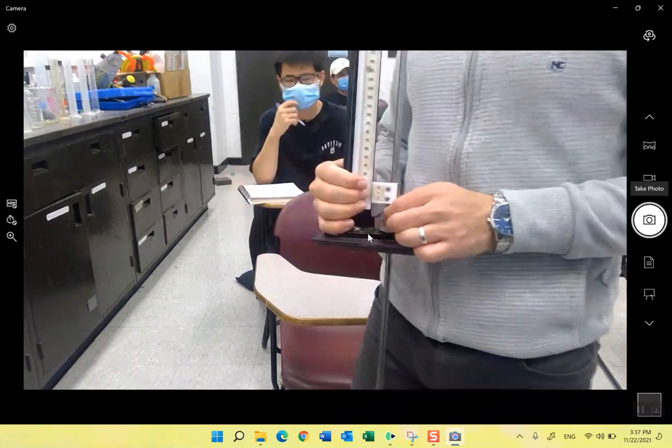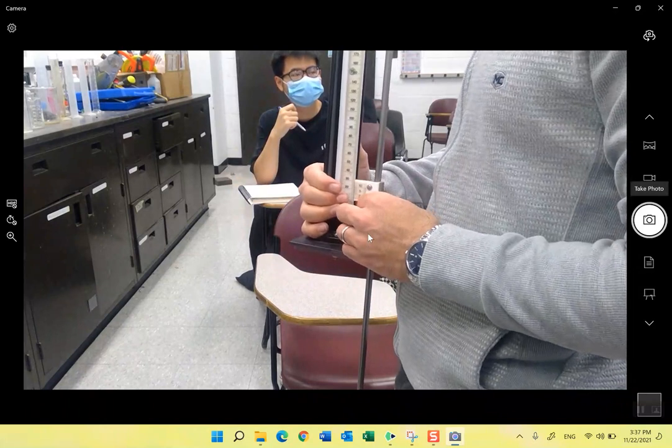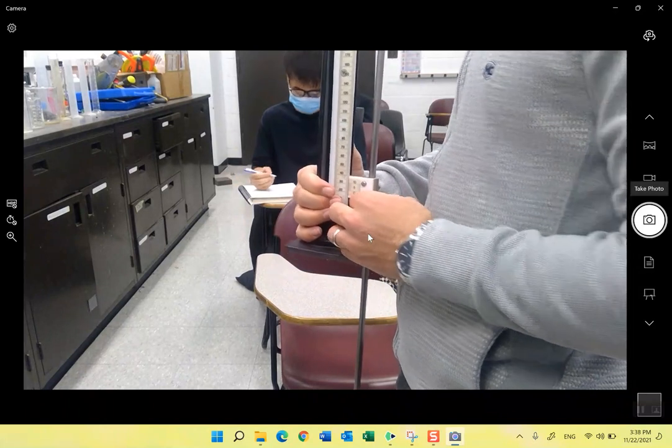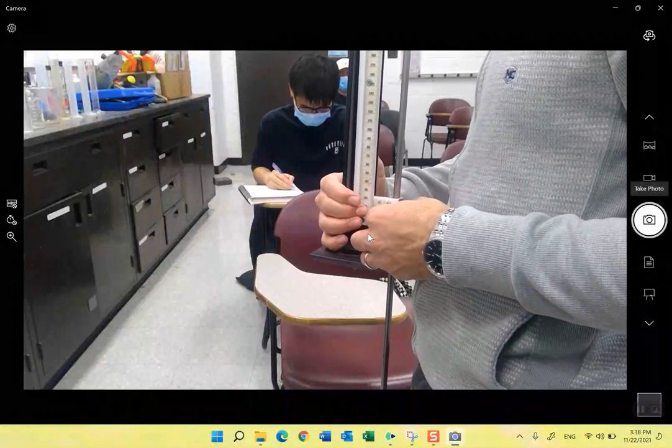Great. So why do we use this point gauge instead of a regular standard ruler? The reason is that using this point gauge can give us a more accurate measure, and you will see that in a while.